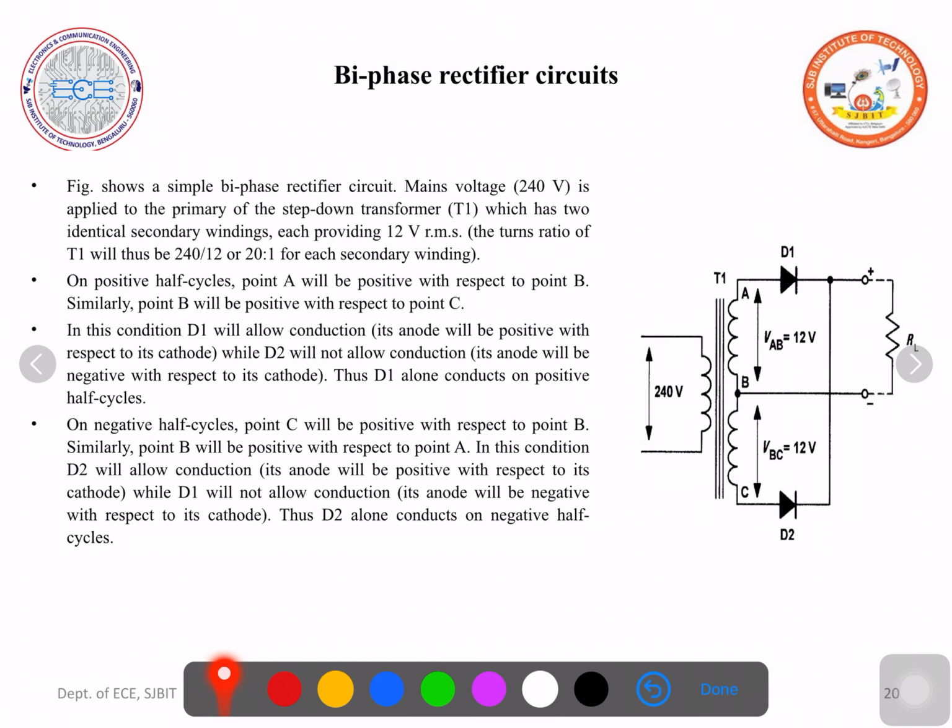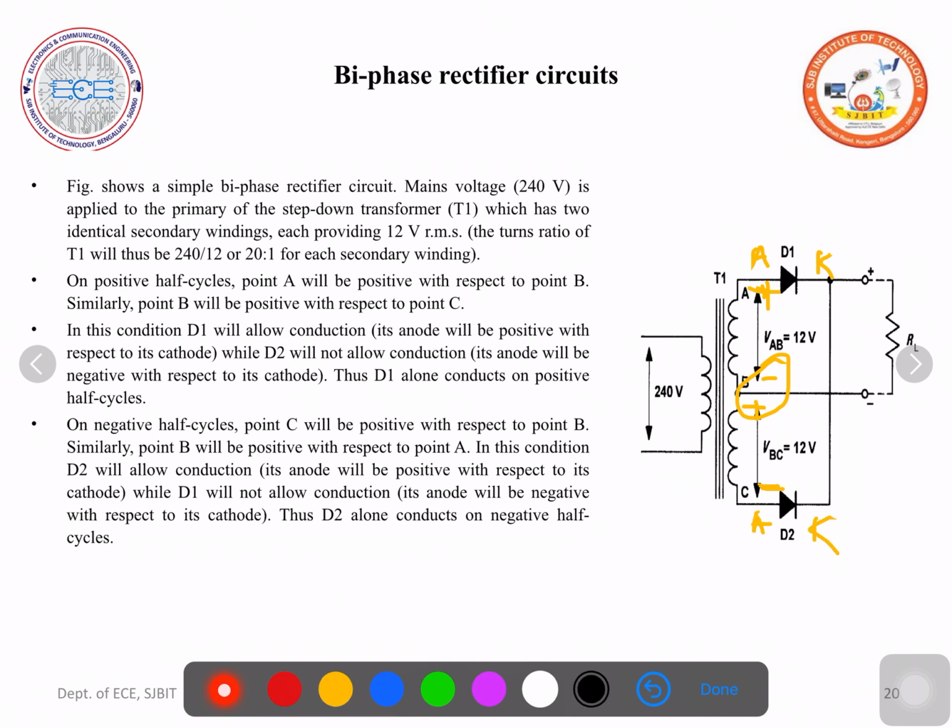On the positive half cycle, the terminal A will be positive with respect to point B. Similarly, point B will be positive with respect to point C. Here we call it the ground point, the center tap. So the upper terminal will be positive, the bottommost terminal will be negative. Here is the anode and cathode of D1, and the anode and cathode of D2.